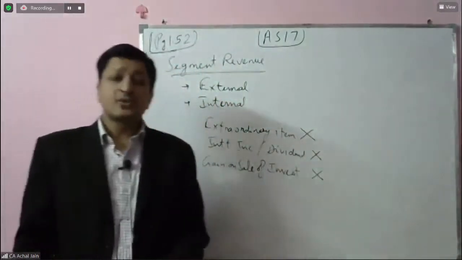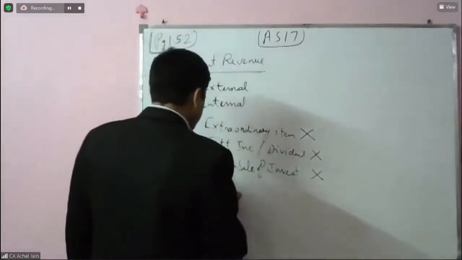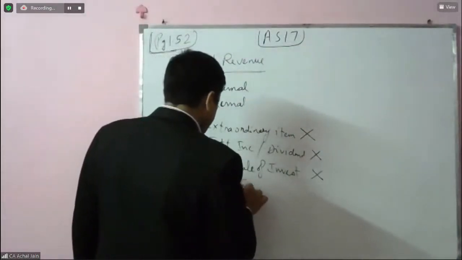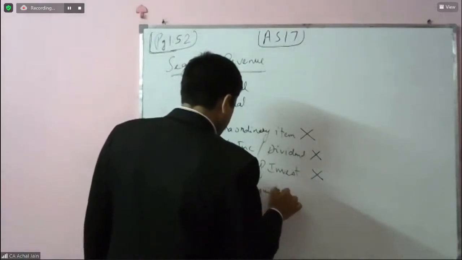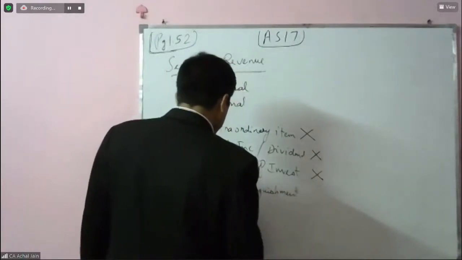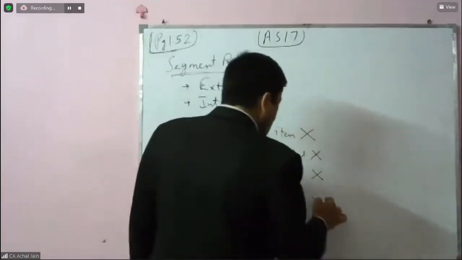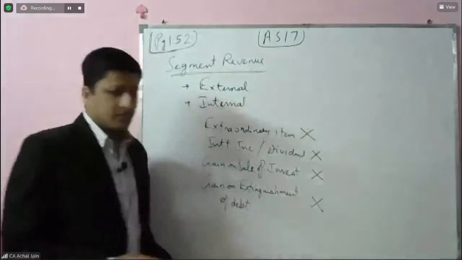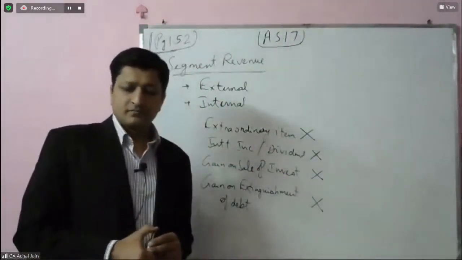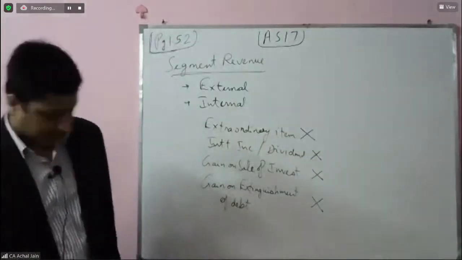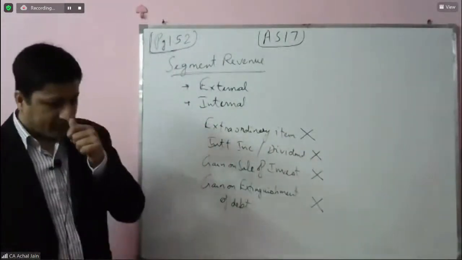Gain on extinguishment of debt. This is also excluded. So these are all excluded. Correct? Fine. Moving further.